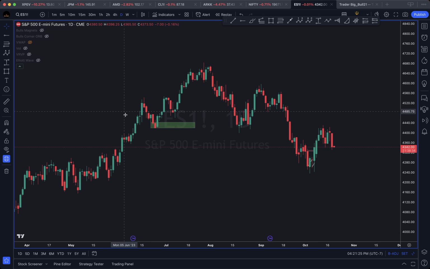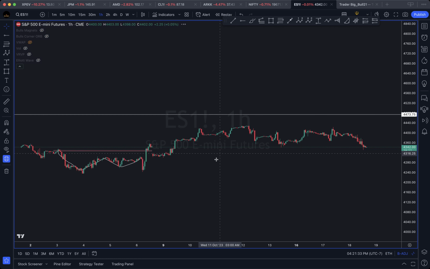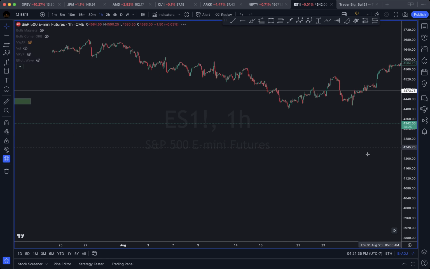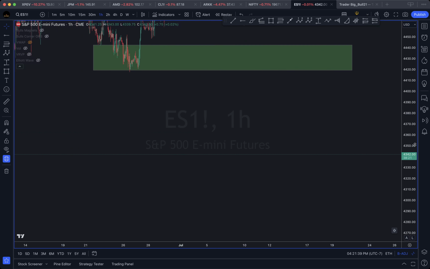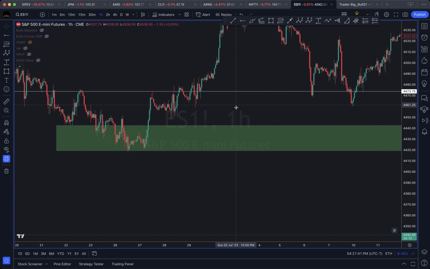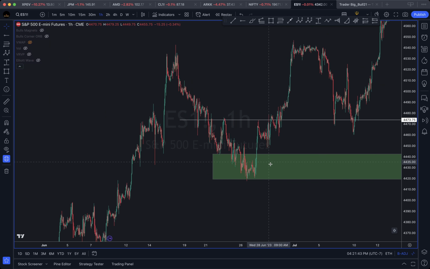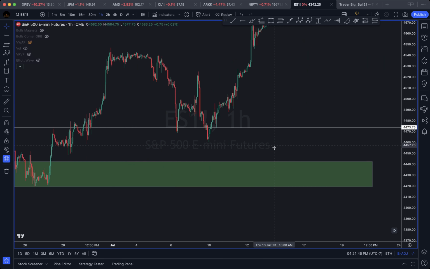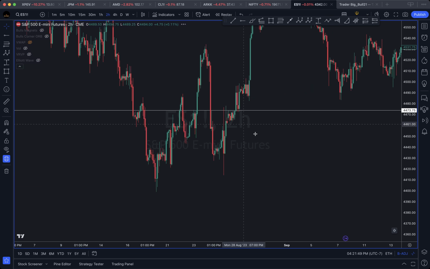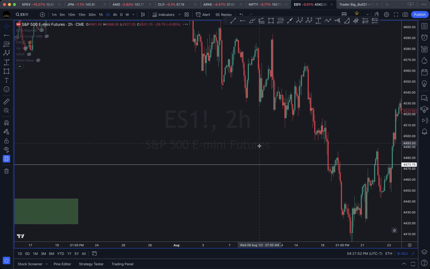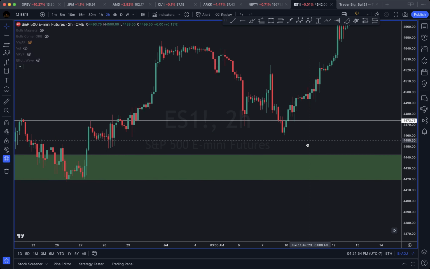Now let's look at a smaller time frame and what was going on. So that was the prior highs. So this is where the price bounced, in 2 hours.